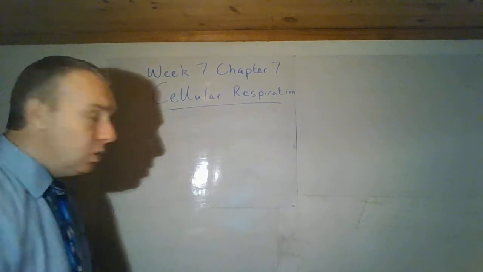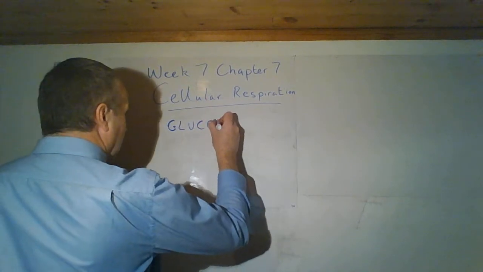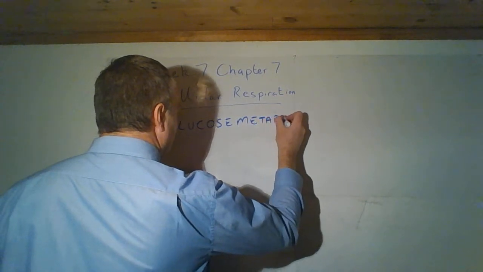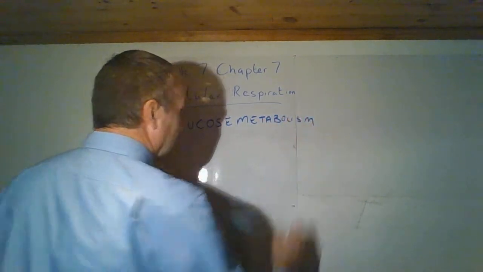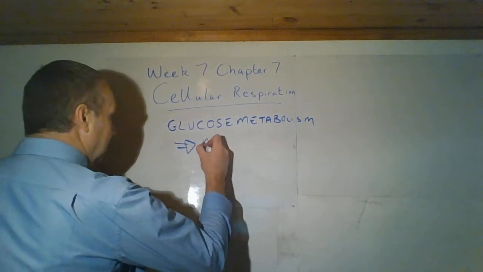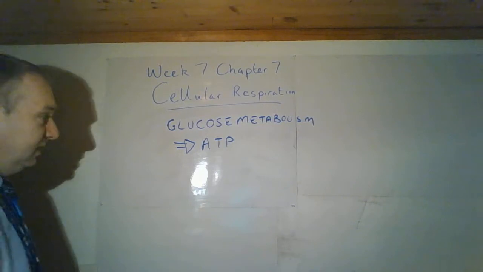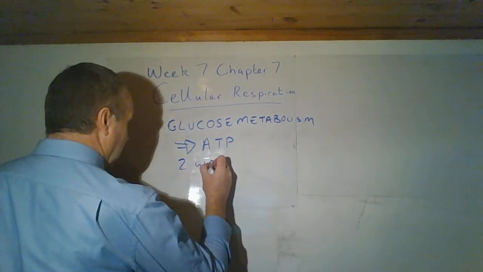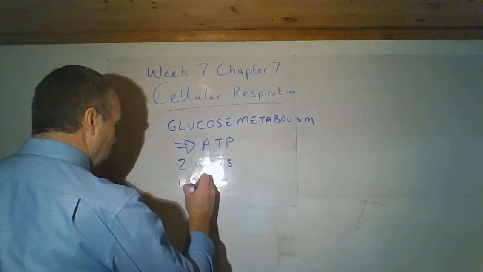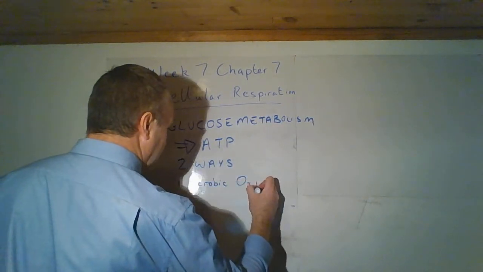So, glucose metabolism, breaking down of glucose, gets us ATP energy. There are two ways of getting this. One is aerobic, oxygen present.